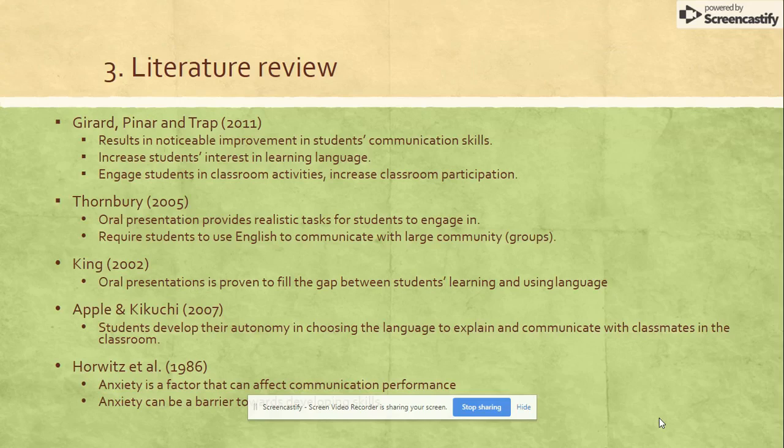Apple and Kikuchi in 2007 also mentioned that students develop their autonomy in choosing the language to explain and to communicate with their classmates in the classroom. It means that they have to express their ideas and thinking in English, and they can construct their own language.